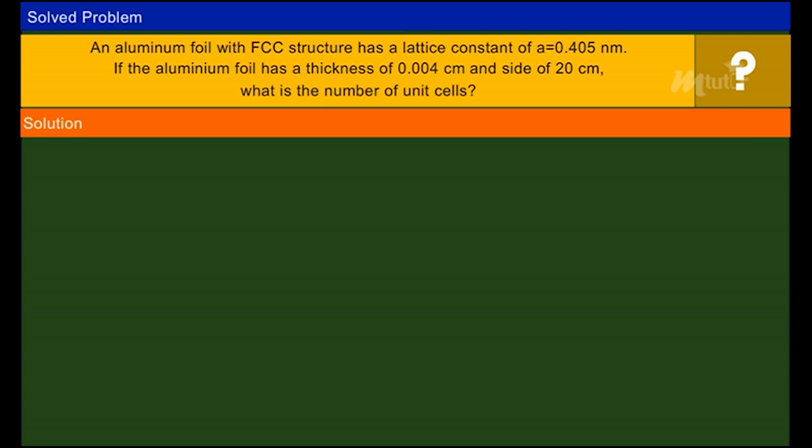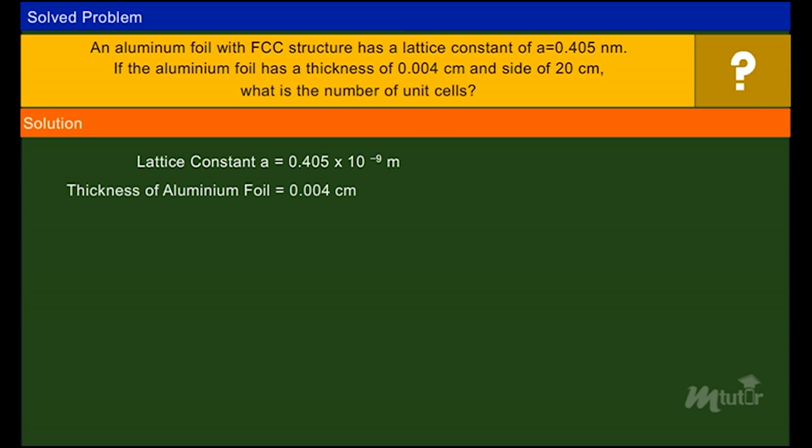Here, we are given that the lattice of the aluminium has FCC structure with a lattice constant of 0.405 into 10 to the power of minus 9 meters and the thickness of the aluminium foil to be 0.004 centimeters and side 20 centimeters. Let us first convert these to SI units, that is, in meters.